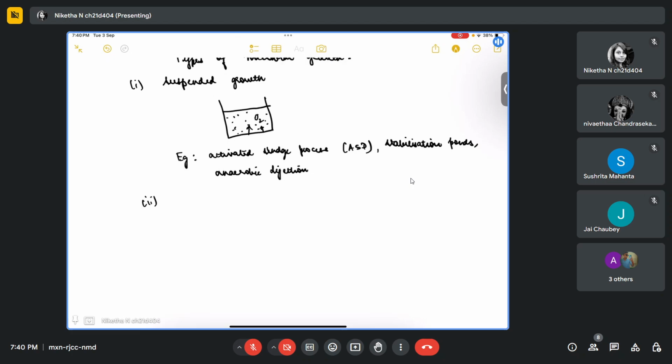So the second type is attached growth. Like the name suggests, you have a media, for example some kind of a ring or a shell over which your microbes will grow.